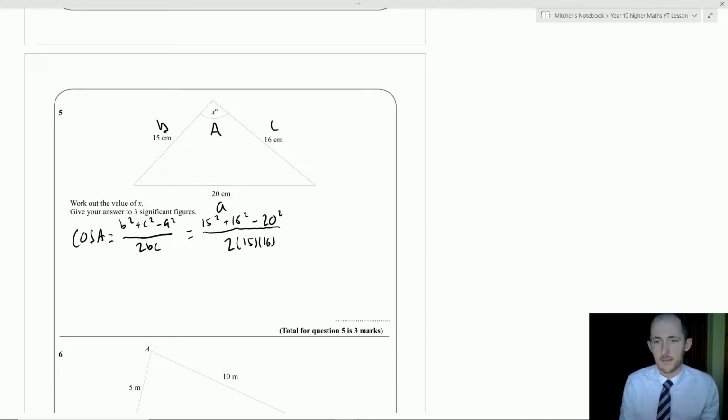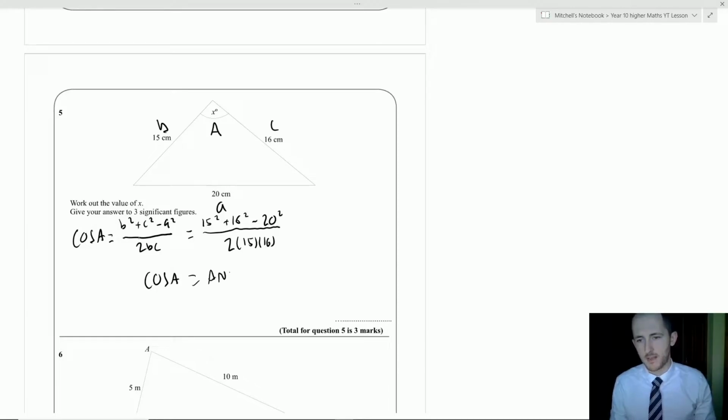Okay? Now, bear in mind, this gives me cos A. It doesn't give me A, which is the angle. Cos A is not the angle. So you can do one of two things. You can work out what this is, write equals some answer, and then do A is equal to cos inverse of that answer. That's fine.